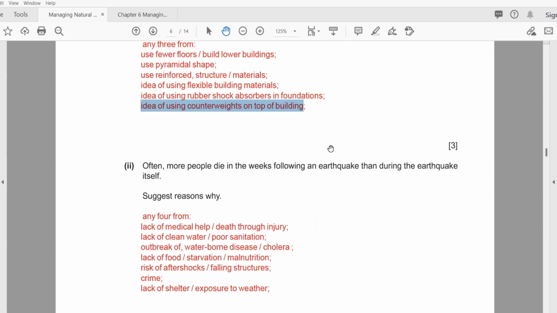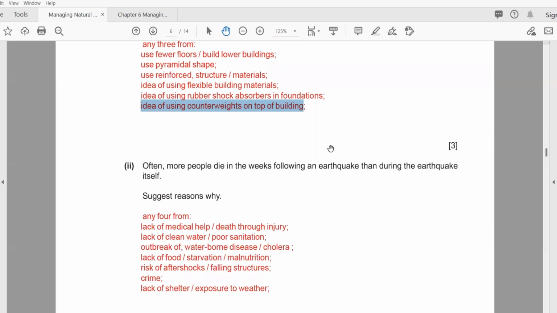Here: lack of medical help, death through injuries, lack of clean water, poor sanitation, outbreak of waterborne disease like cholera, lack of food, starvation, malnutrition, risk of aftershocks, falling structures, crime, lack of shelter. Then sometimes exposure to weather.